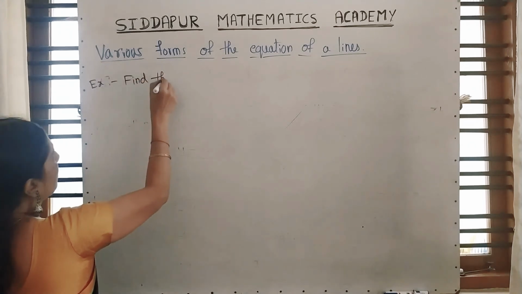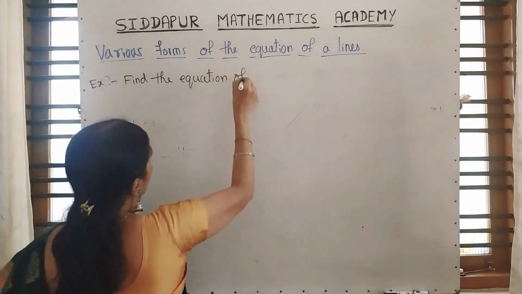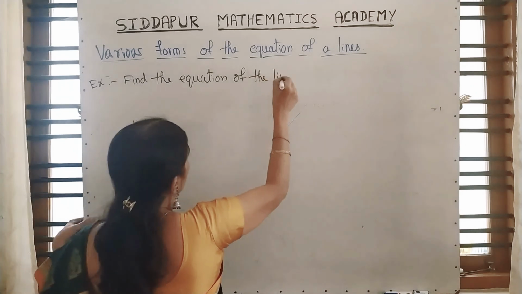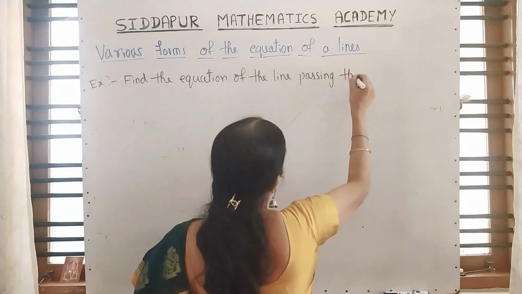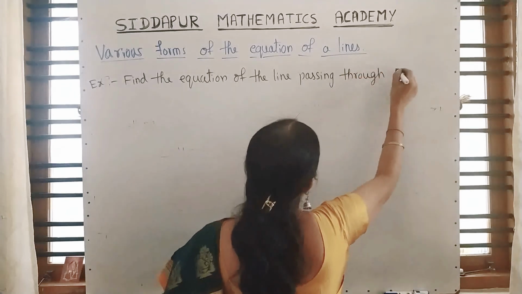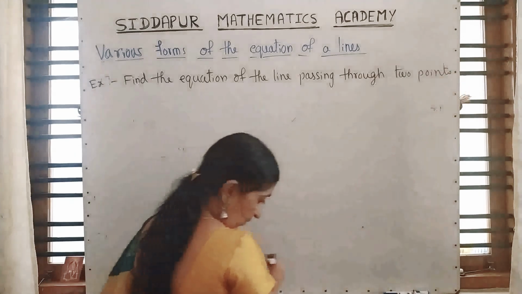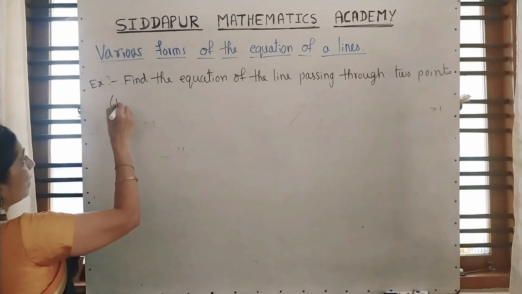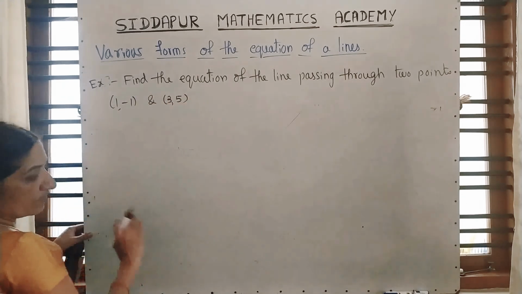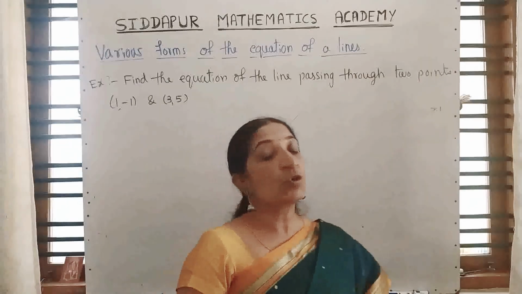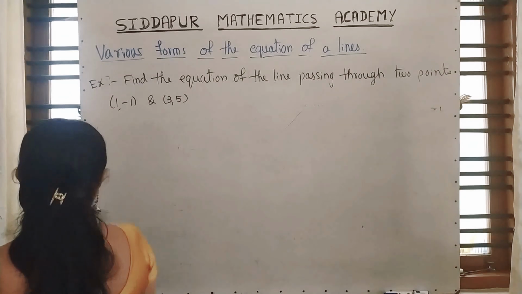Find the equation of the line passing through 2 points (1, -1) and (3, 5). 2 points are given, so automatically in our mind we get the 2-point formula. So write that down.